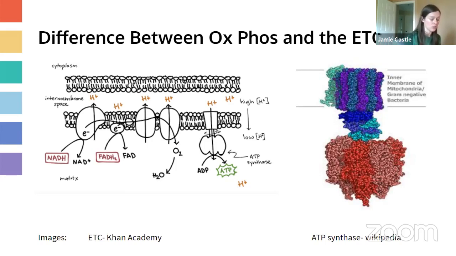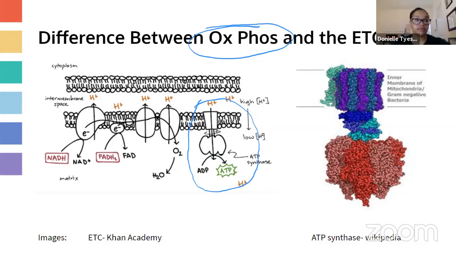Now we see the electron transport chain in oxidative phosphorylation and cellular respiration, but we also see it in the light-dependent reactions in photosynthesis. So when you're thinking of what's happening specifically in cellular respiration, electron transport chain isn't exactly the specific word, right? What you're looking for is oxidative phosphorylation. And then at the end of that chain, then we have the chemiosmosis that drives the production of ATP.